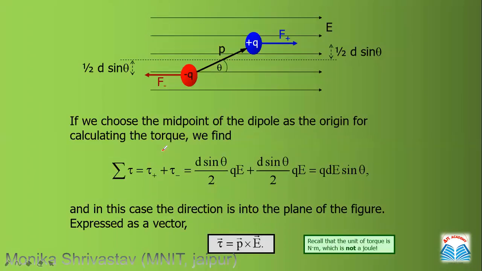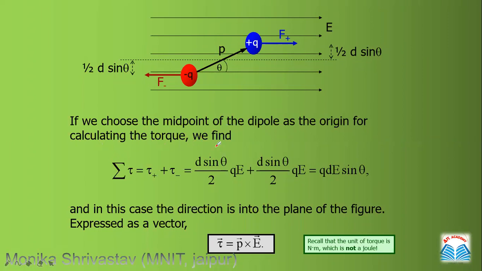So what will we do? We now want to calculate some torque, so we will choose a midpoint. With respect to this midpoint, we will calculate some distances: this will be half d sine theta, this will be half d sine theta, and we will draw a line through this midpoint.